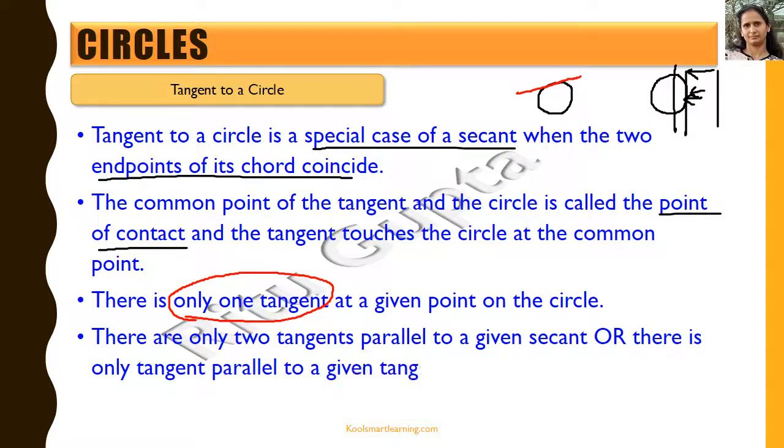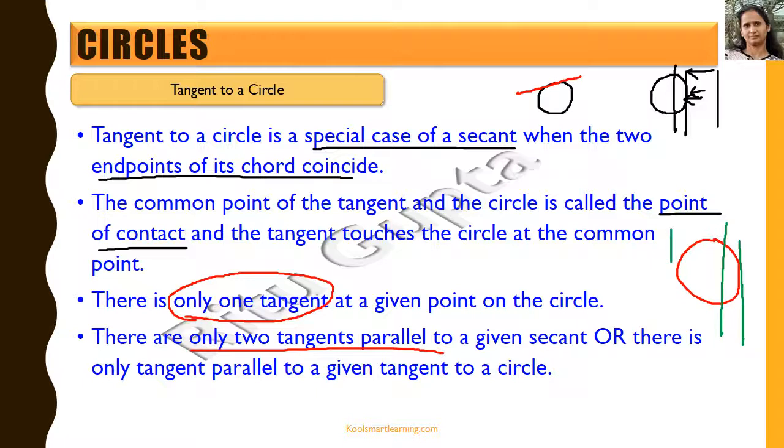And there are only two tangents parallel to a given secant, or there is only one tangent parallel to a given tangent to a circle. So we are saying if we have the circle and a secant is given to us and we want to draw tangents which are parallel to this, we'll be able to only draw two tangents.